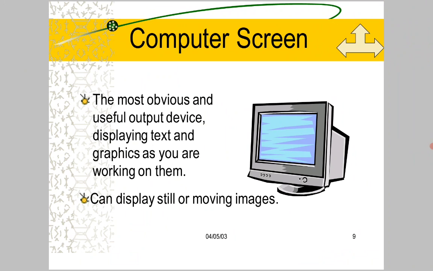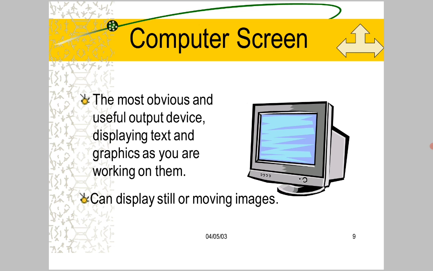There are many types of computer screens available, like black and white and color monitors, LCD types, LED types. Generally the computer screen is divided into pixels. What is a pixel? A pixel is called a picture element.